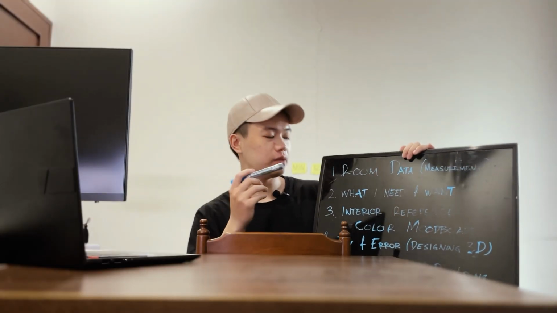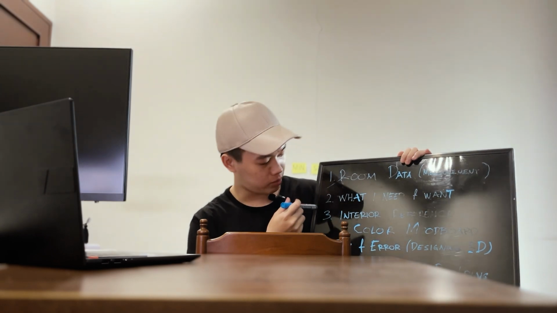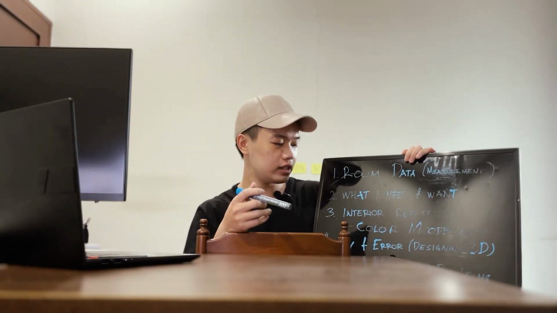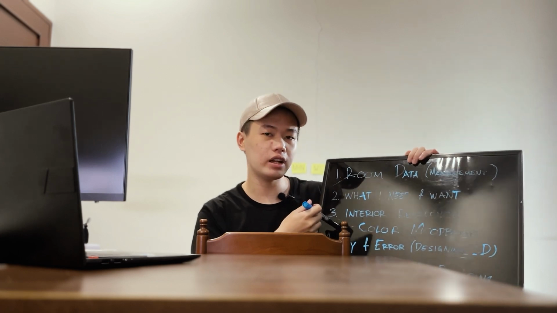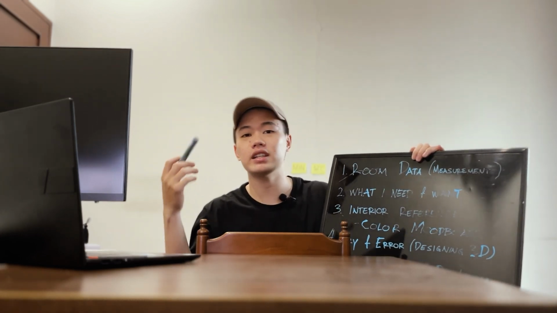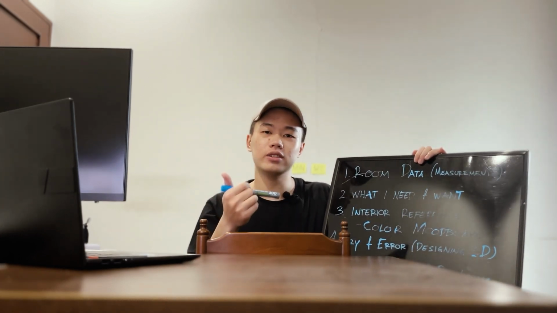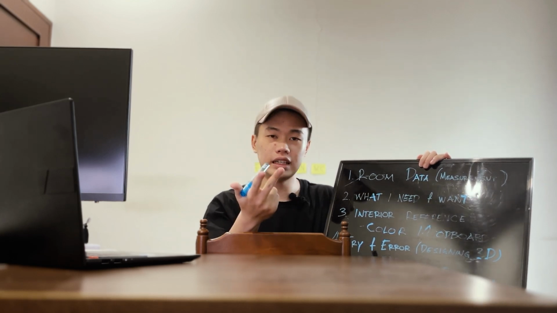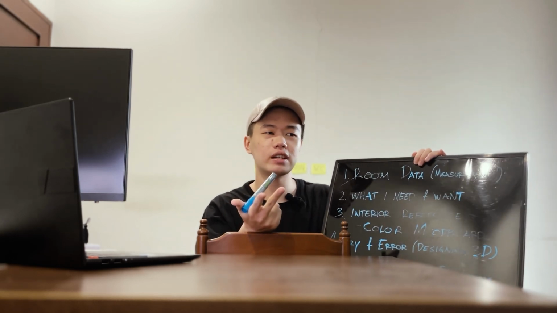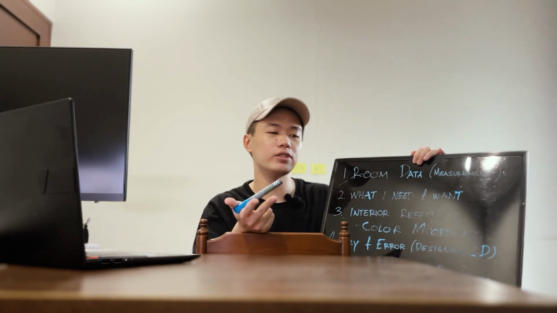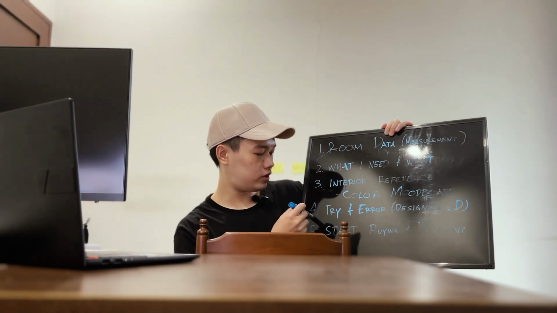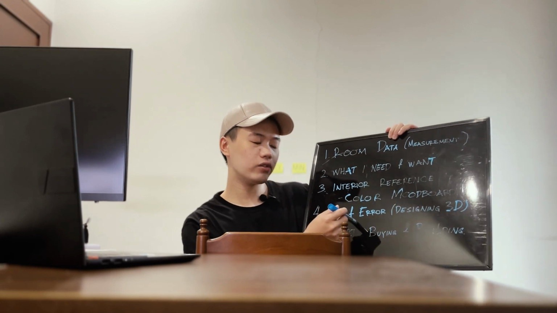So moving on from number two, on number three, I will create an interior mood board reference that will help me to visualize my design ideas. This includes colors, materials, and interior theme references that reflect the user's taste. From there, I'll move to number four, which is trial and error.